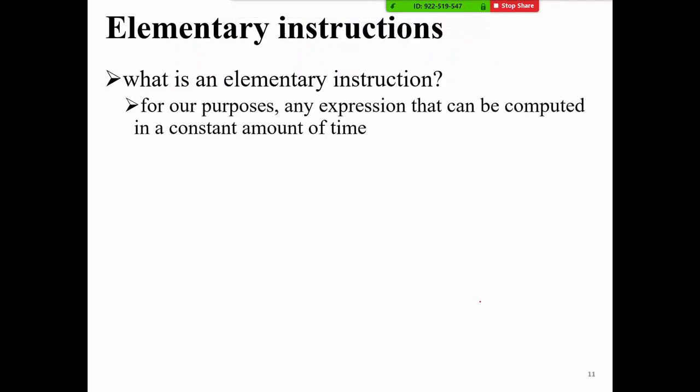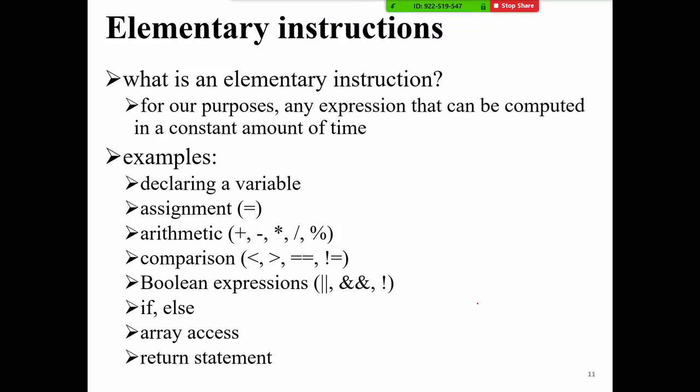What are elementary instructions? For the purpose of this course, we're going to simplify them. Any declaration of a variable is considered an elementary instruction. Assignment is considered an elementary instruction. Addition, subtraction, division, mod operations, remainders, all of these are considered one elementary instruction.